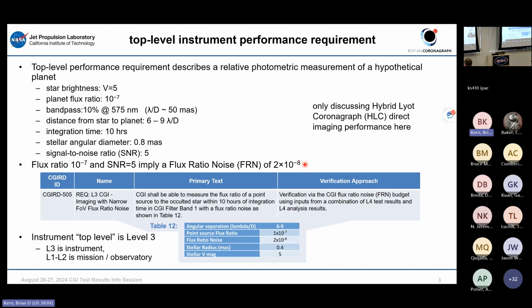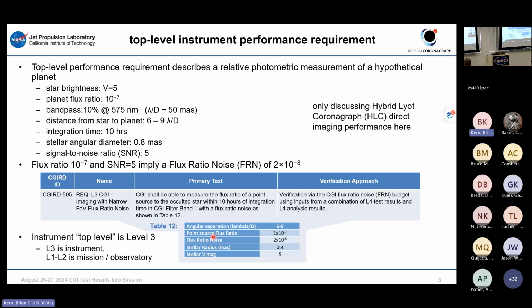The noise in the measurement that we deliver is 2 times 10 to the minus 8. That gives an SNR of 5 on the planet that was provided to us in this hypothetical context. So the instrument job is to maintain a cap on measurement noise, not to provide the planet.